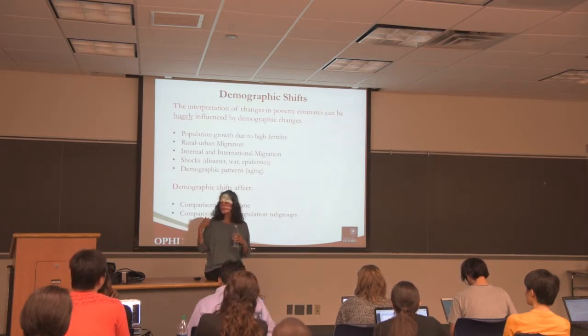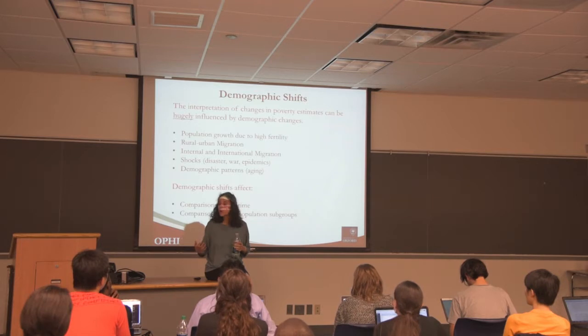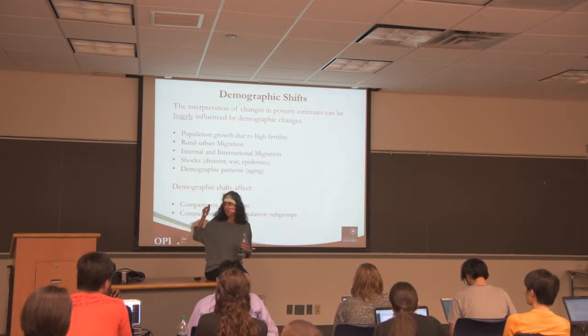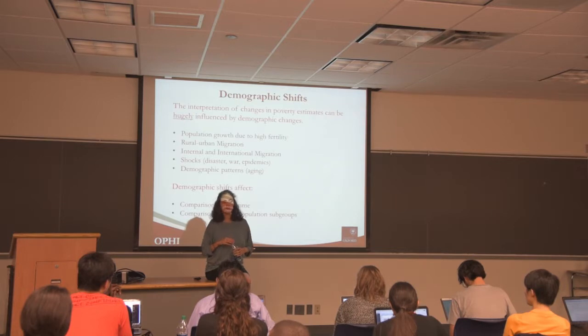Take population growth: you might think, oh, this country did pretty well, it reduced poverty by 4%. But it was a country with a high fertility rate, where the population is growing super fast. So you say we have reduced poverty very fast, but when you think about the number of people, actually the number of people has increased.